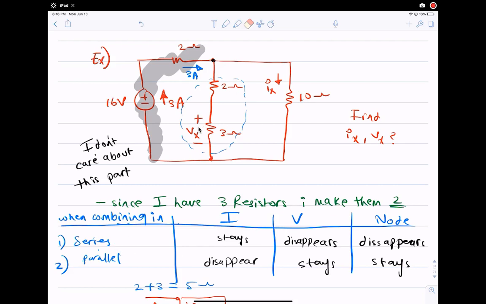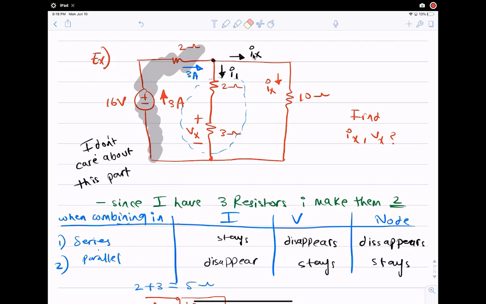So this voltage would disappear. Why? Because we added those two resistors in series. So 2 plus 3 would equal 5, and then we will redraw this circuit in an obvious way, but I'm gonna name the current that goes through those two resistors and this current. So I'm gonna name them I1 and Ix, since he named this as Ix.